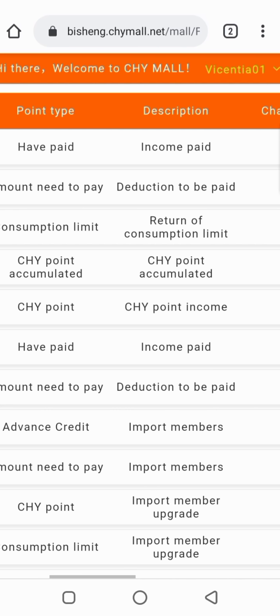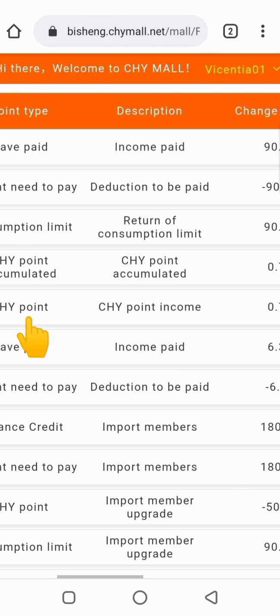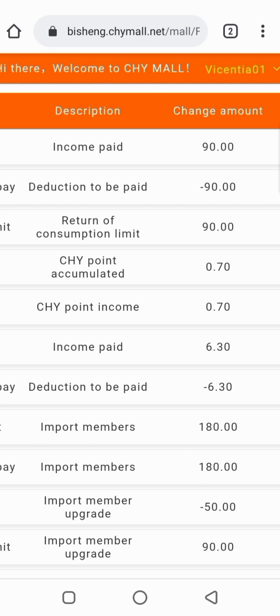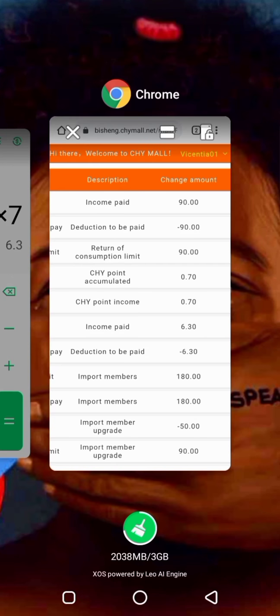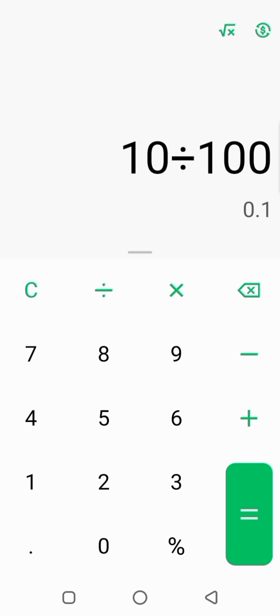Now when you move to the top, you can see CHY point income 0.70. You know why? Because the company is giving me 10% and they are taking 90%. So let's check the calculation here. I said earlier that they are taking the 90%, which is 6.3. So the remaining 10% is 0.7, because 10% is 10 divided by 100, which is 0.1.